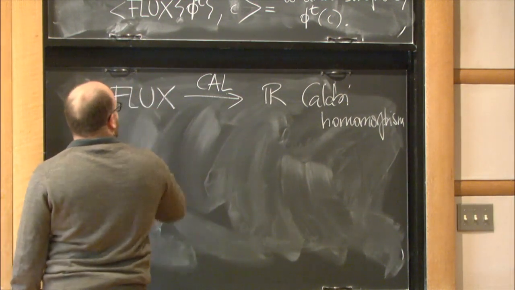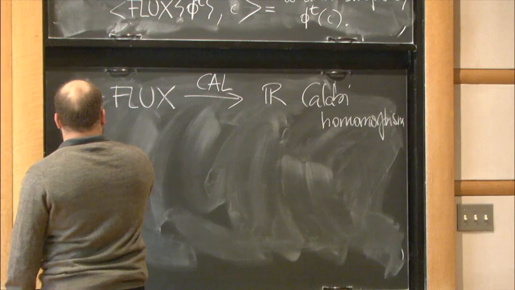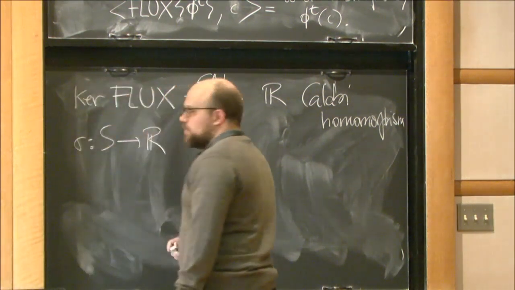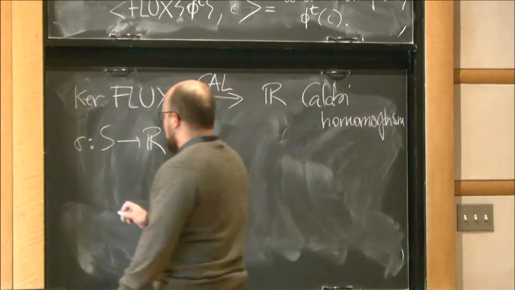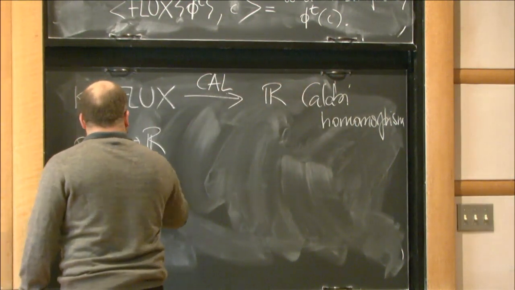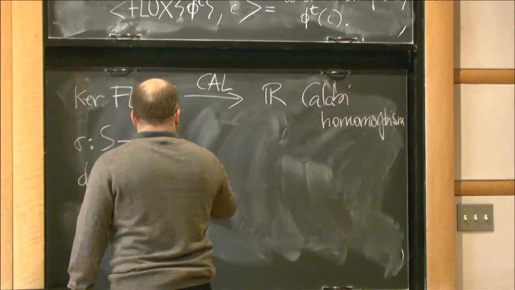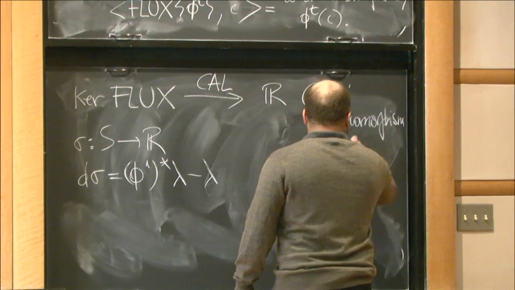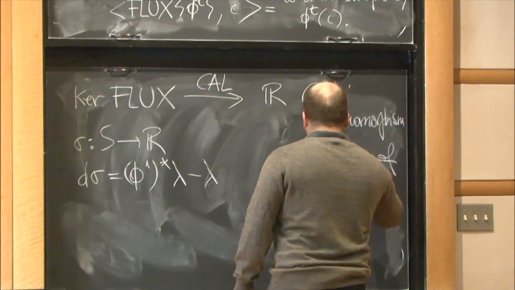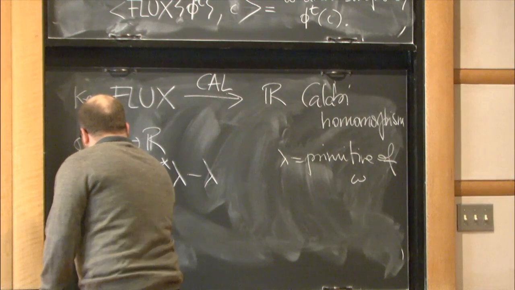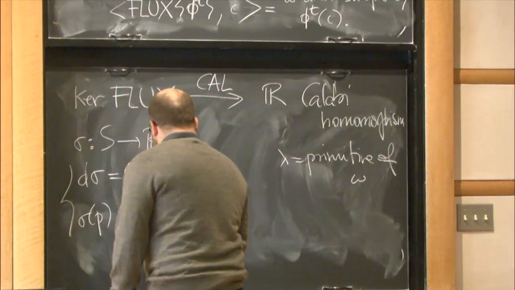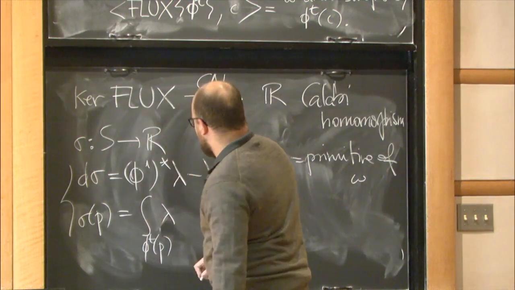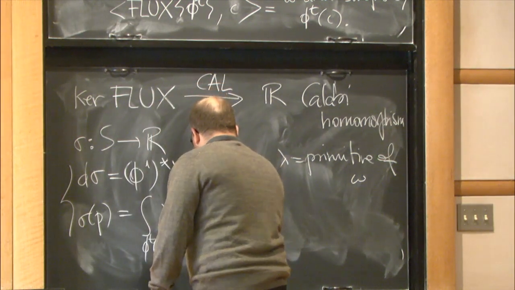If the flux is 0, you might want to try to solve the following boundary value problem. You might want to try to find a function which satisfies this differential equation. Here lambda is a primitive of omega, and boundary values are given by the integral of the point along the isotopy of this one-form.